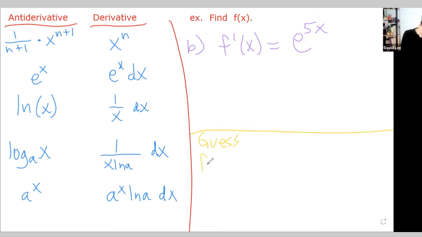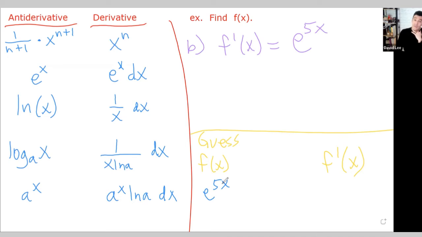I'm going to guess the antiderivative. I'm going to find the derivative. And if I have to, I'm going to modify it until it matches what it's supposed to be. So watch. Why don't you just go pencils down and watch this right quick. Let's suppose that you think that the antiderivative is this. This is your guess.